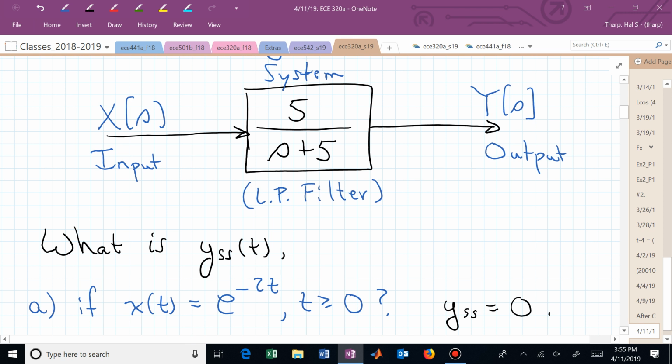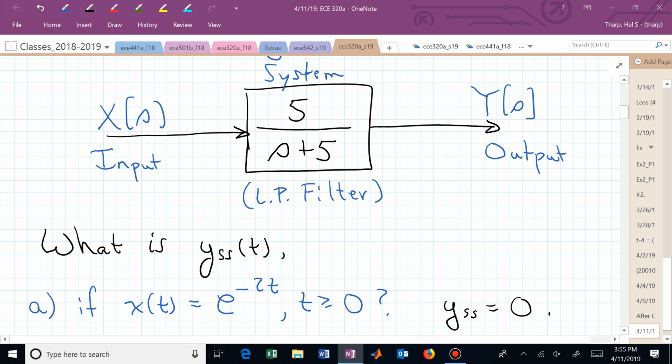You do have the influence of that impulse response. What's the impulse response look like? 5e to the minus 5t. That looks sort of like a pure impulse. It's not very big. It's not infinity, but it decays pretty quickly.